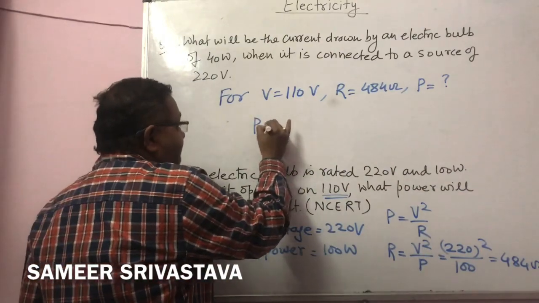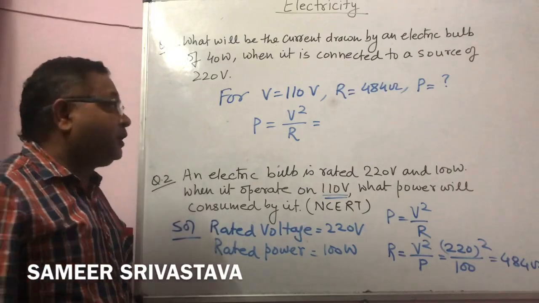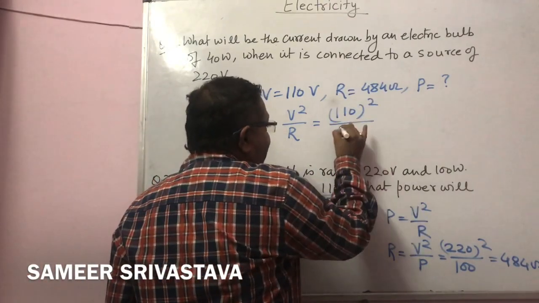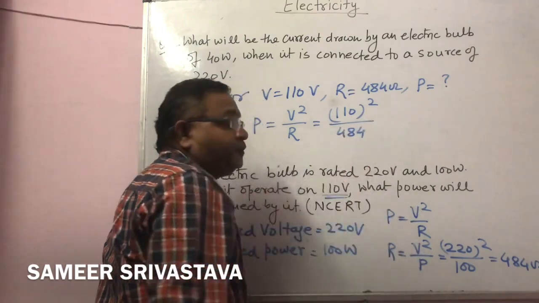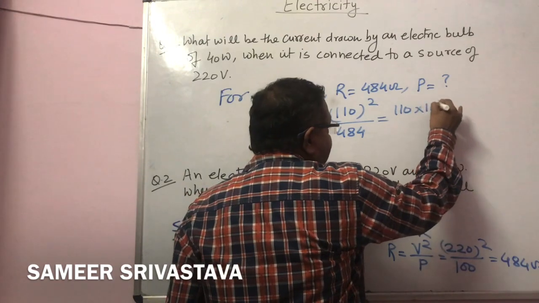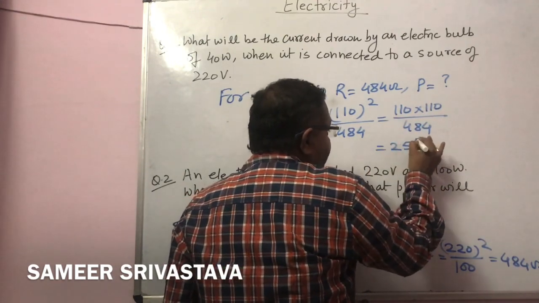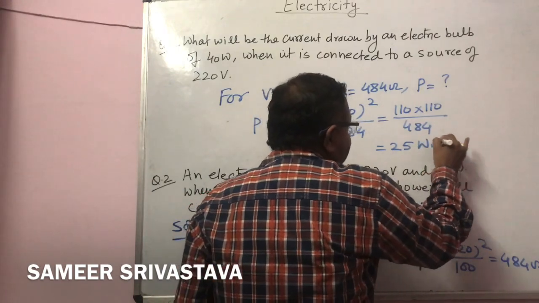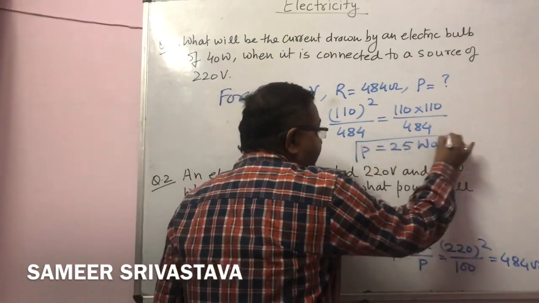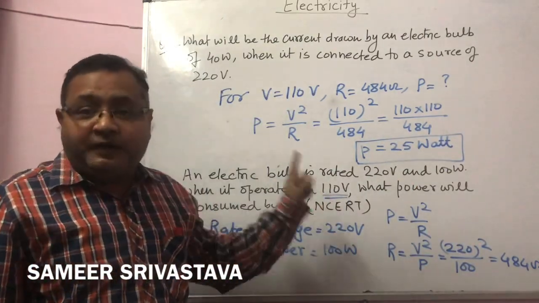Again we use the formula P is equal to V square by R. Now put the values here: 110 whole square upon R is 484, or you can write as 110 multiplied by 110 upon 484. After solving you get the answer is 25 watt. So the power will be 25 watt when it is operated on the voltage of 110 volt.